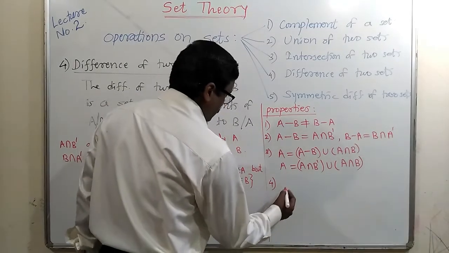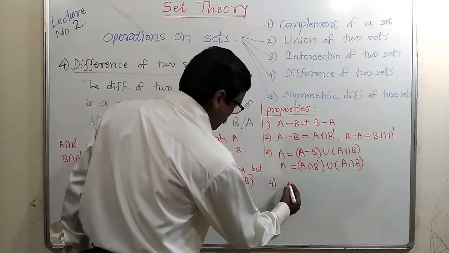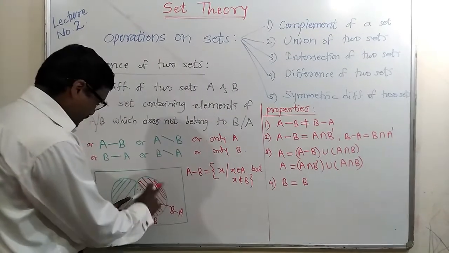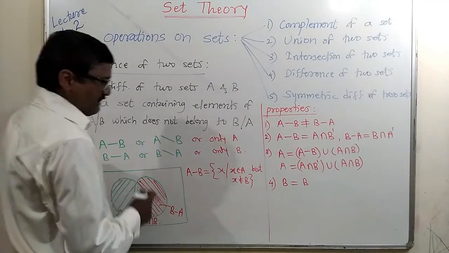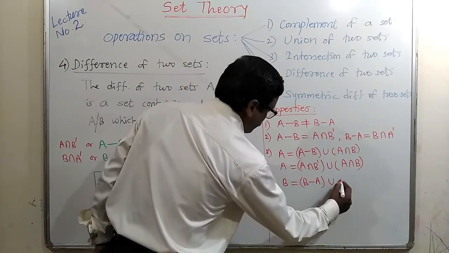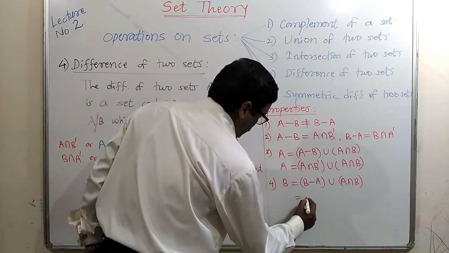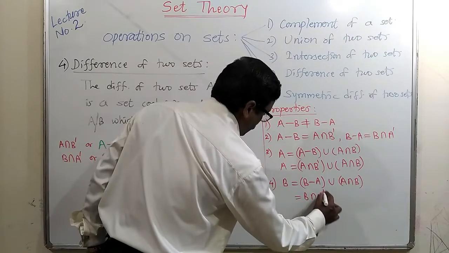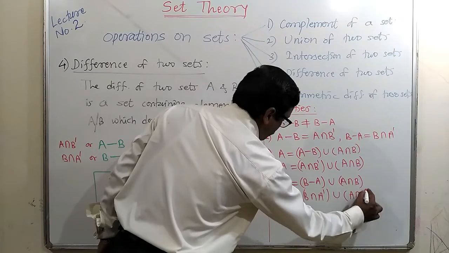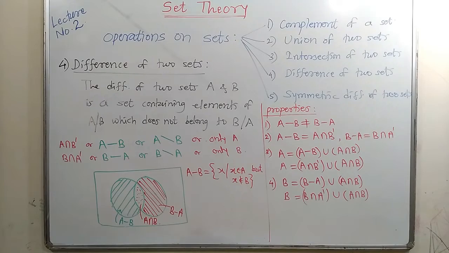Then next, similarly for B also we can write B is equal to B difference A union A intersection B. This can be written as B intersection A complement union A intersection B. That is our set B. Okay.